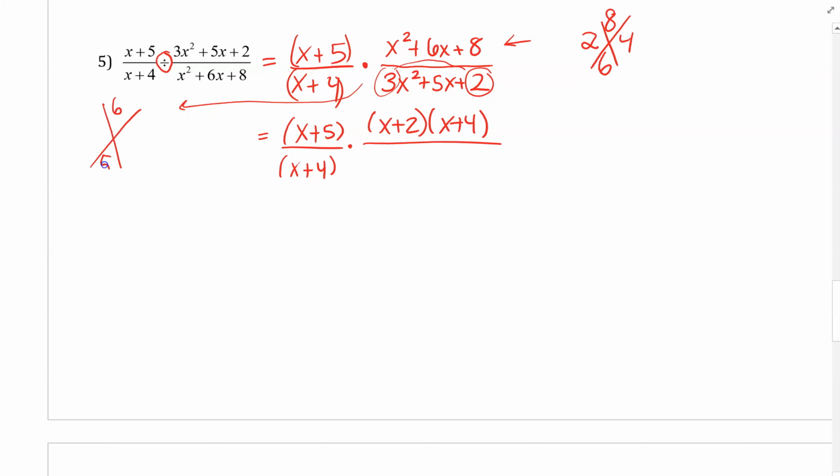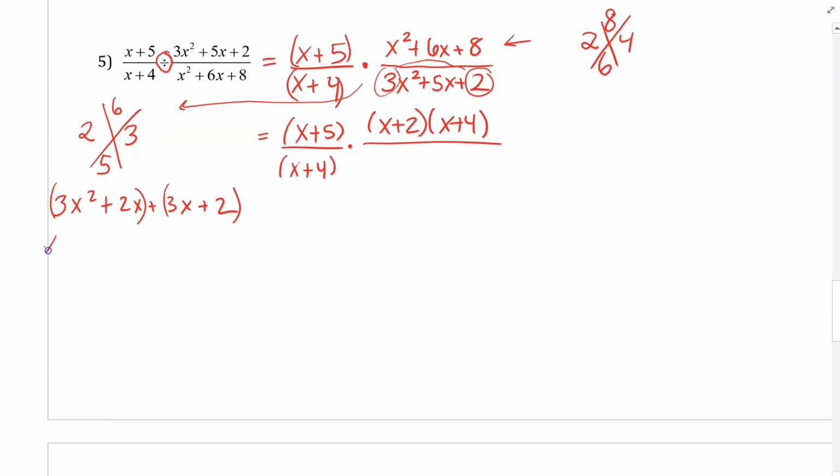And then I have to find two numbers that multiply to 6 and add to 5. So I'm going to do 2 and 3. But since the a value on that is not 1, it's 3, I have to do the grouping process. So I just rewrite this whole trinomial, but I split 5x into 2x and 3x, and then I group.